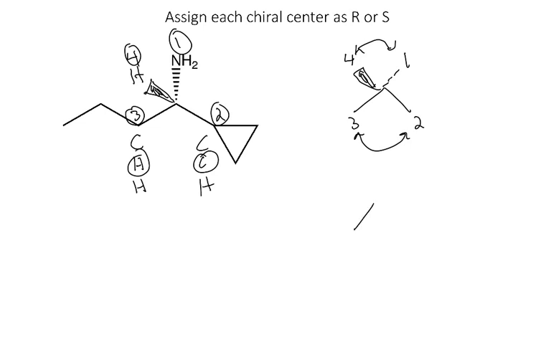So we switch the 2 and the 3, switch the 1 and the 4, and so now my 1, 2, 3 is counterclockwise, so I know that both in this form and in the original, that chiral center is S.